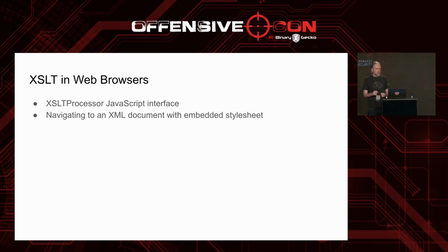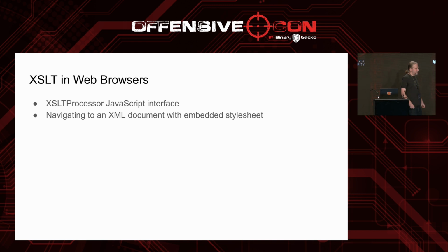There are actually two methods how you can reach this. The first is through the XSLT processor JavaScript interface. And this is nice because it gives you a lot of control over what is going on, and you can invoke various functions from JavaScript on this XSLT processor interface.